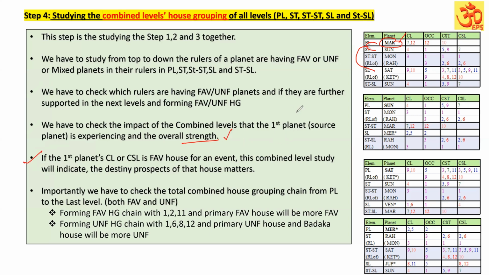If the first planet is cuspal lord or cuspal sublord for a favorable house for a particular event, this combined study will indicate the destiny prospects of that house's matters. For example, for the event of marriage, the primary house is the seventh house.